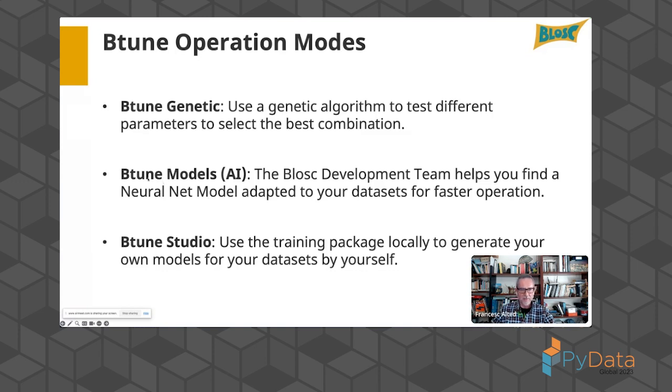Then there is BTune Models. It uses deep learning. In this mode, you send, or the Blosc development team helps you find, a neural network model adapted to your datasets for faster operation. And then there is BTune Studio, where you can use the training package locally to generate your own models for your datasets by yourself.